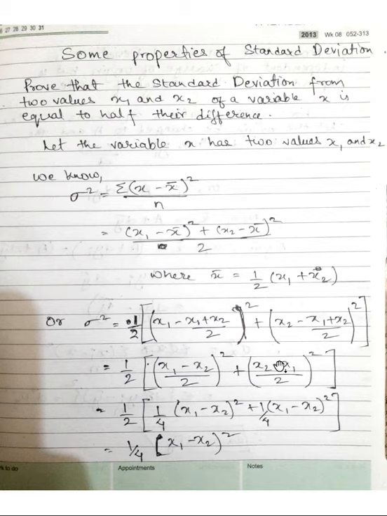We took minus common here, so it became x1 minus x2, and since it is a whole square, the minus that we took common gets cancelled and we get the same value.